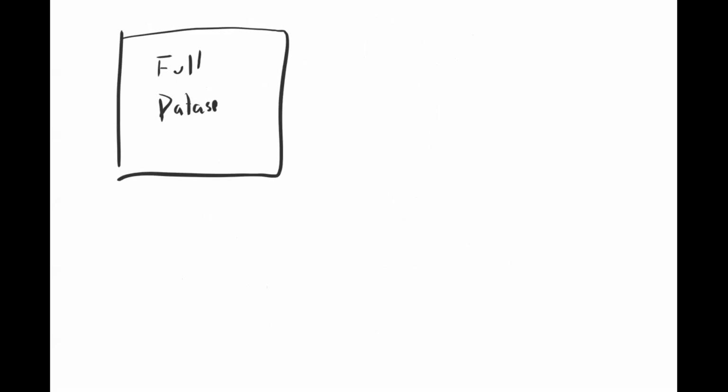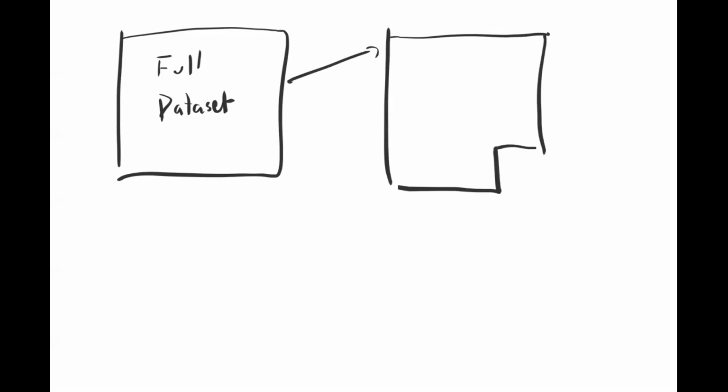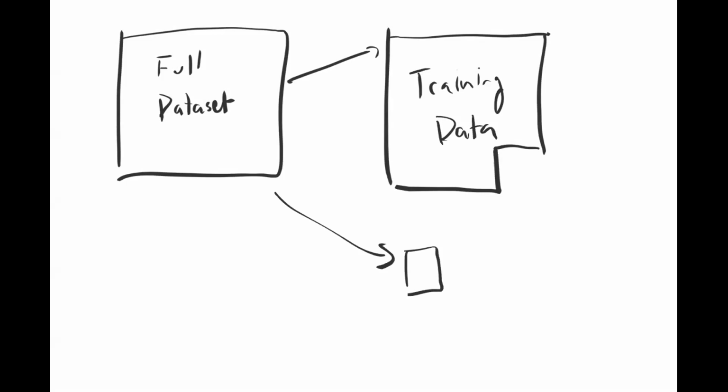So essentially what we're going to do here is, if we have our full data set, we can break this out into, actually, I'll draw it like this. Maybe it'll be clearer. So this is our training data. And then we take a piece out of that as our testing data. Okay.